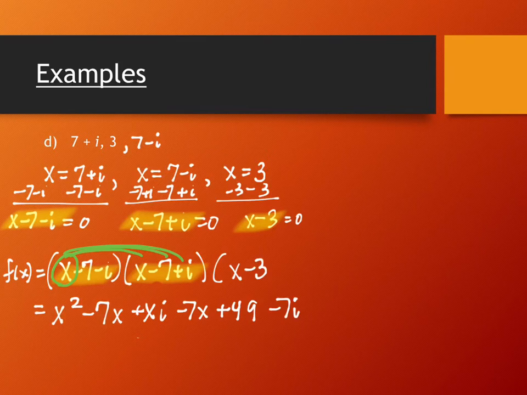Are the rest of the pieces okay? The 7i at the end? I think that one's okay. And then I have negative xi, or ix. I have a positive 7i, and I have negative i squared.